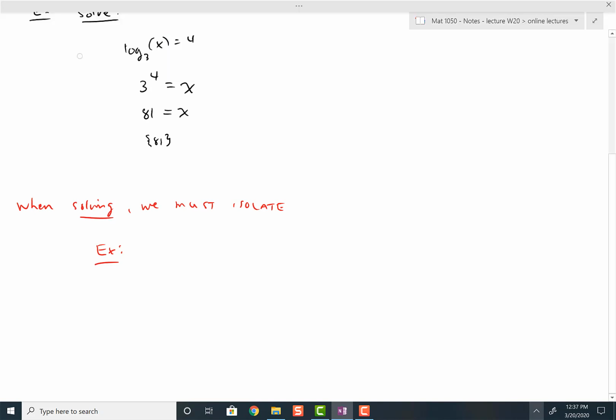Okay, solve: 2 log base 4 of (x plus 2) equals 1. First things first, let's isolate the log by itself, which means I'm going to divide both sides by 2.